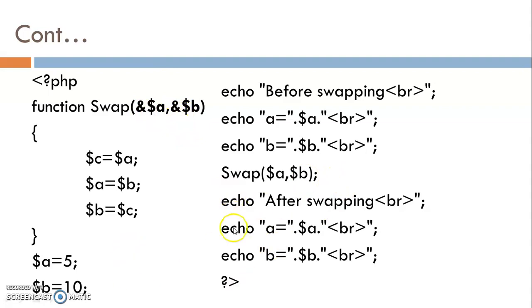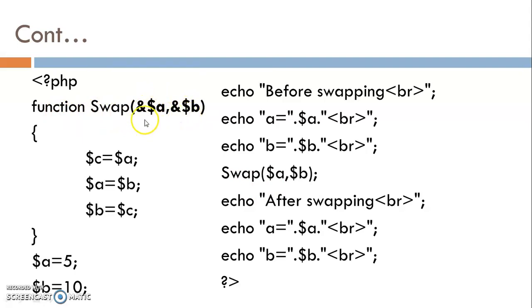Okay, so now when we use this, before swapping it prints the values of a and b, the original values 5 and 10. After that I pass 5 and 10, but when the function swap is called, the cursor arrives here with ampersand 5 and ampersand 10.